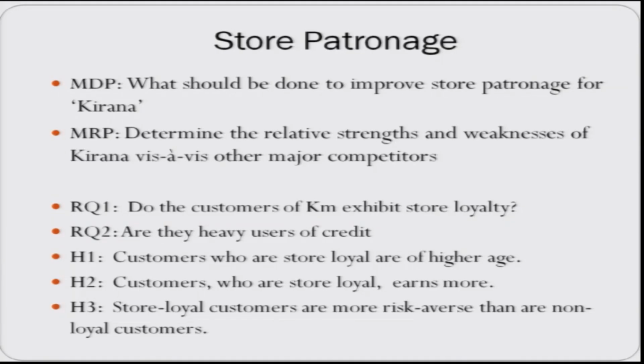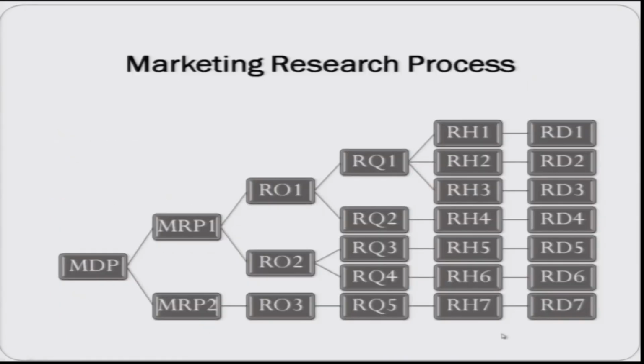Similarly, you can build the hypotheses, and you will see that when you are proceeding in this marketing research process, corresponding to a management decision problem you may come out with more than one marketing research problem, or you may work on more than one alternative, and corresponding to that problem you may have more than one specific component in the form of research objective 1, research objective 2.